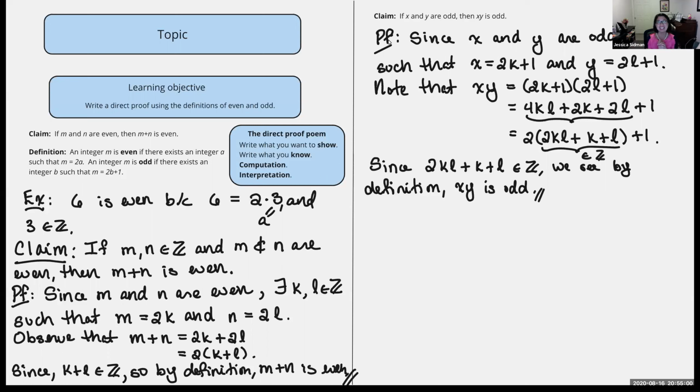All right, so that is just a couple examples of how to write a very simple direct proof. I'm going to keep these first direct proofs. We're just going to practice with the definition of even and odd in class on Monday, so that you can really focus on the logic, knowing that there are only 2 assumptions you can make, right?